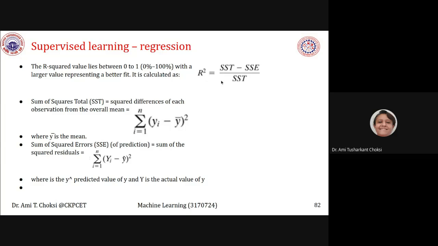So R squared = (SST - SSE) / SST. Now, what are these SST and SSE that we are interested in knowing? SST is the sum of squares total.